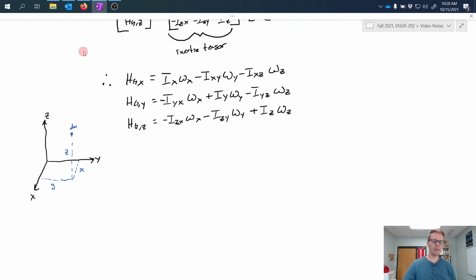And I want the shortest distance between those two, so that's the perpendicular distance to the x-axis. And we can see that this triangle would define that distance, and it would give me y squared plus z squared. And the same thing would be true for the distance to the y-axis, as well as the distance to the z-axis.